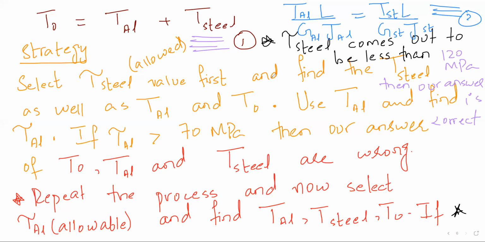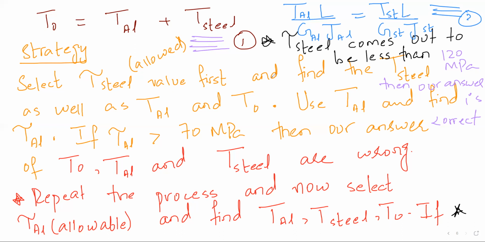Show me the formula. Now I'm writing it. It is T times radius over IP. IP in your textbook is J, polar moment of inertia.